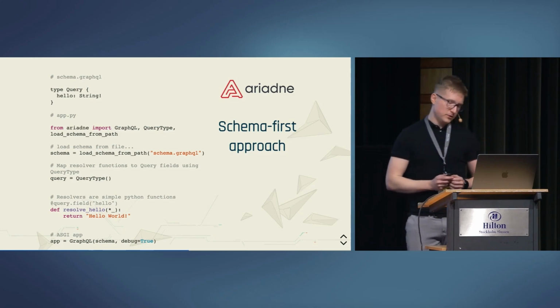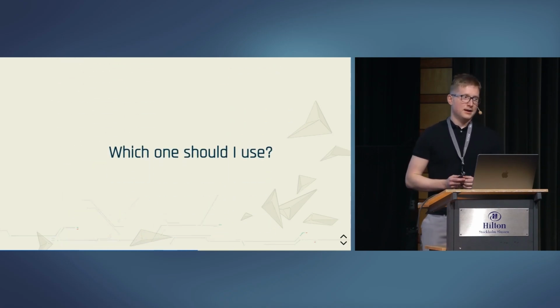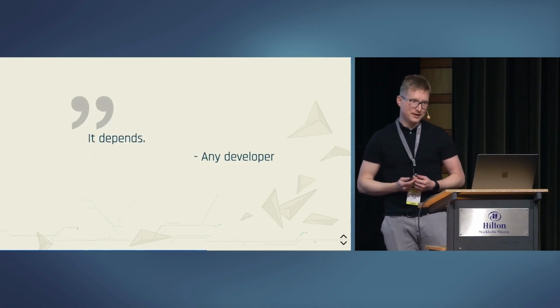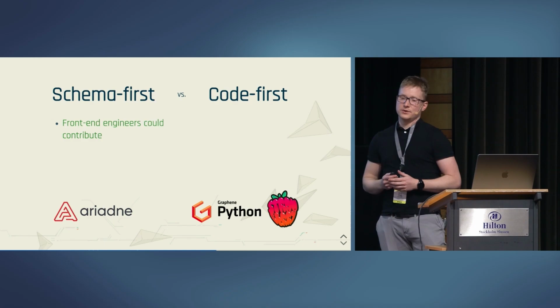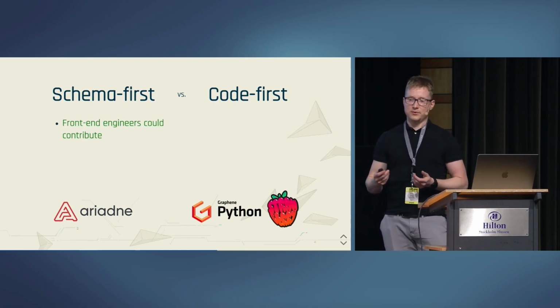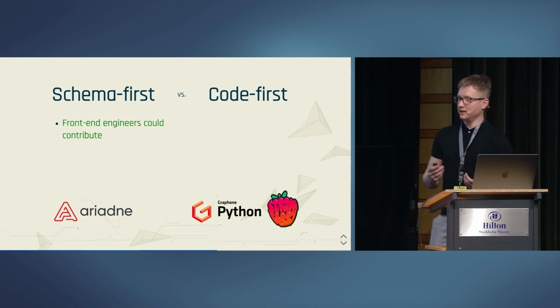So the most important question is, which one should you use? And as with everything in IT, it depends. It strongly depends on your use case. Let's quickly compare those two approaches. With schema-first, your front-end engineers can easily collaborate and contribute to your API, because they can request an API that behaves in a certain way, since they know what kind of information they want to display, right?